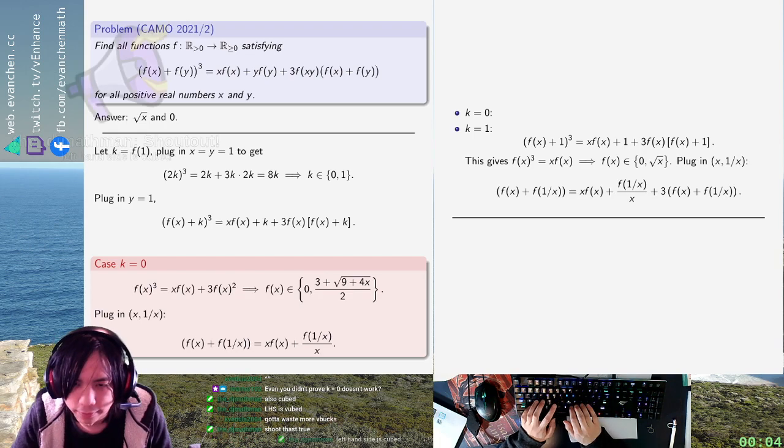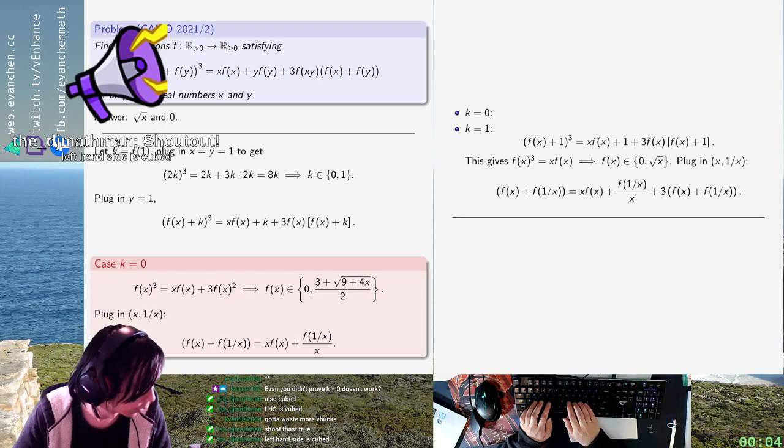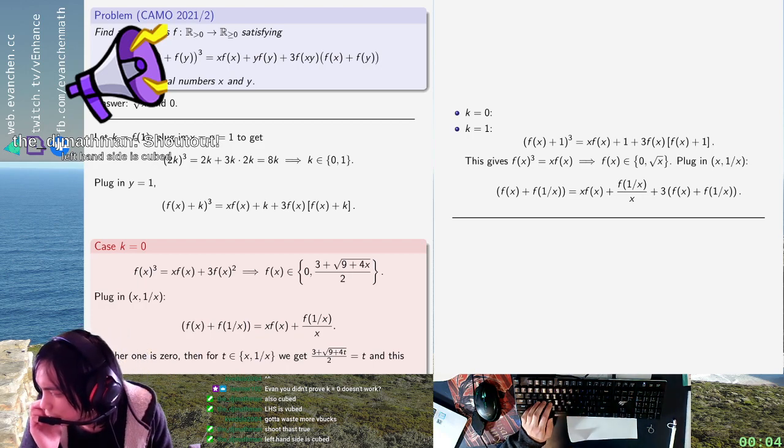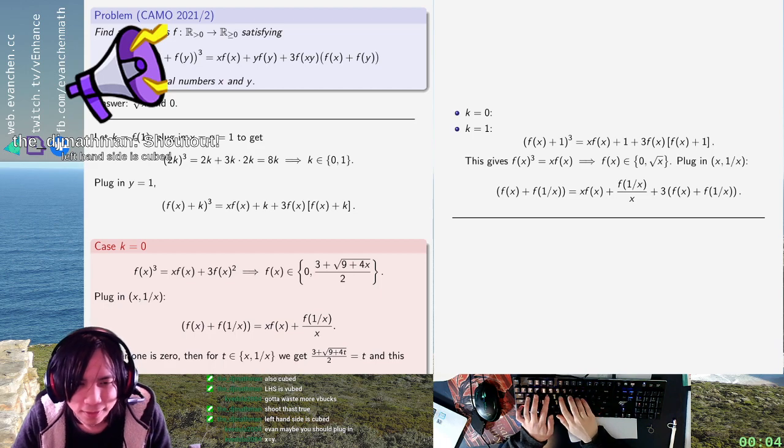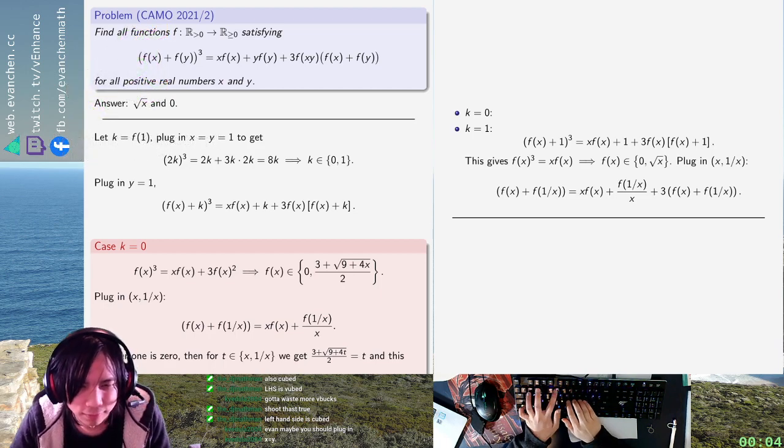And this gives... Alright, left hand side is cubed. Oh crap.